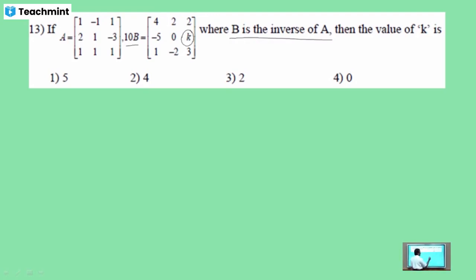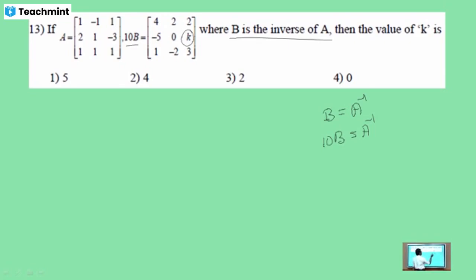B is the inverse of A. What is B? The inverse of A. So what can I write 10B as? I can call 10B A inverse. 10B is what? A inverse, right? It is clear what I am telling now. 10B equal to A inverse.